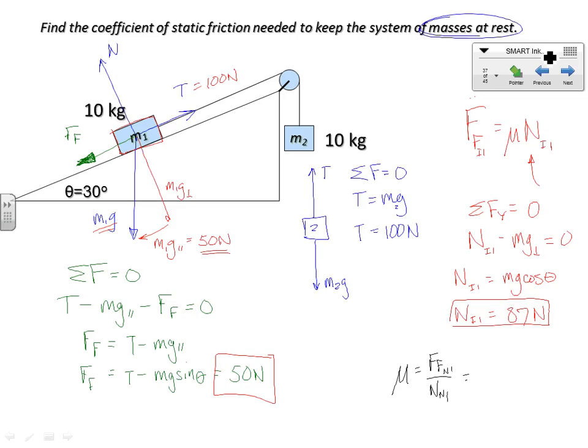That's about, I got force of 50 divided by 87. Yeah, 0.57. Okay? What do you think? Fair enough?